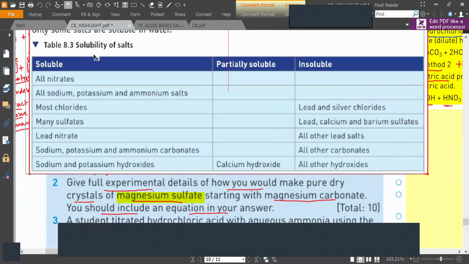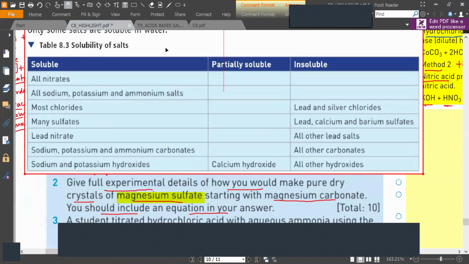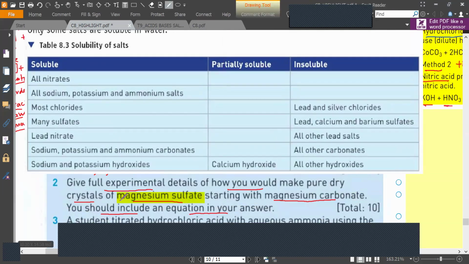So first tell me, is magnesium sulfate soluble or insoluble? Insoluble.